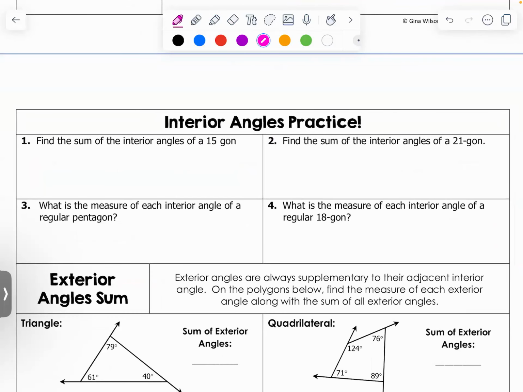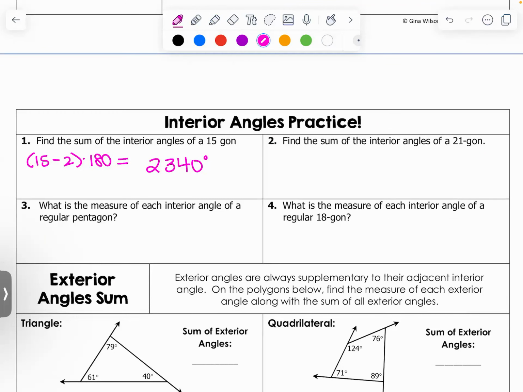All right, Alexa, how did you find the sum of a 15-gon? 15 minus 2 is 13, and 13 times 180. Do you agree with Alexa? Do you need to show your work?